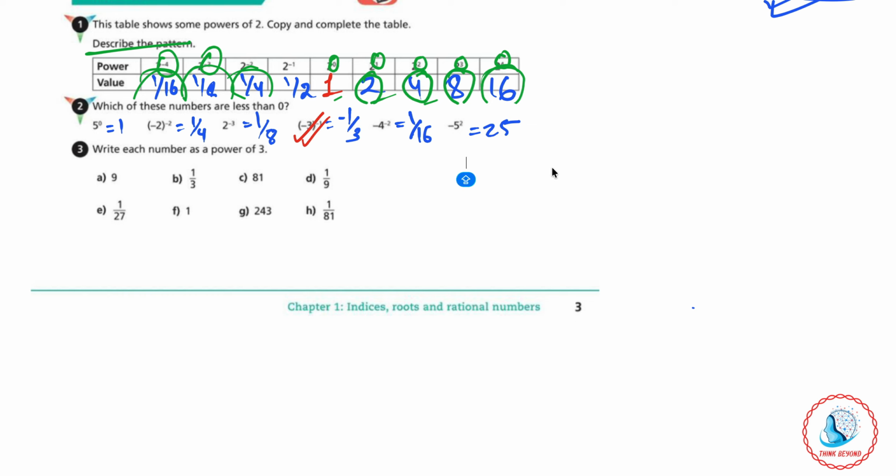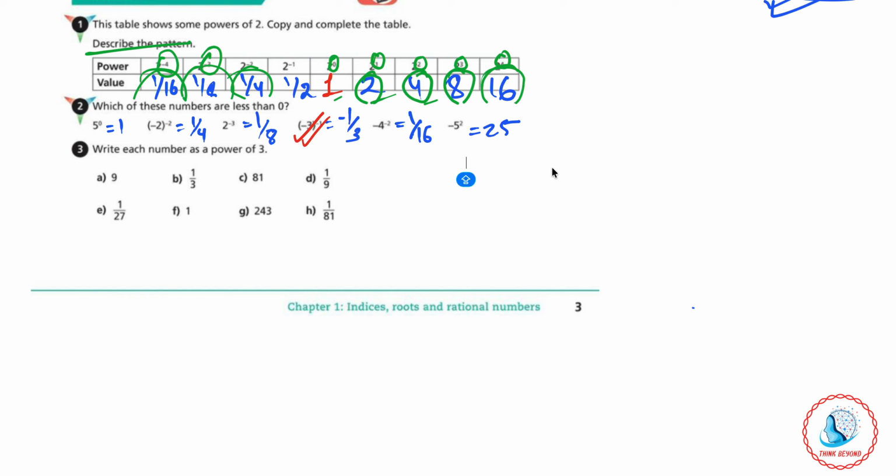Now question H, it's 1 over 81. So you can do 3 times 3 times 3 times 3, you will get 81. So 1 over 3 raised to power 4, which will give you 3 raised to power minus 4.